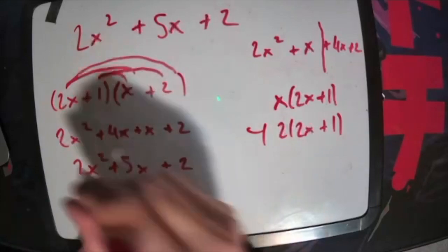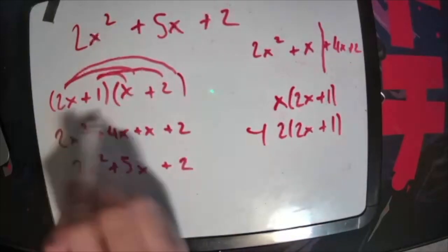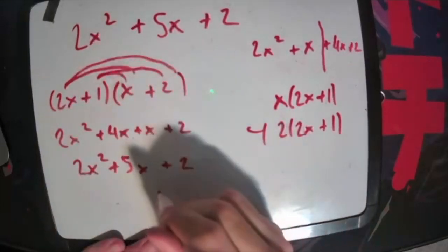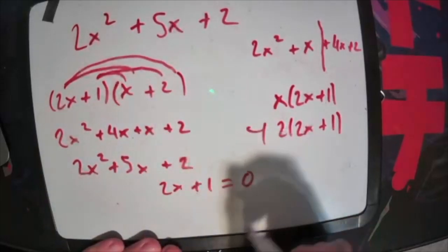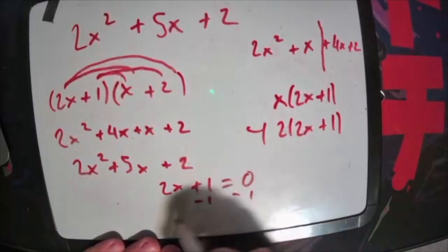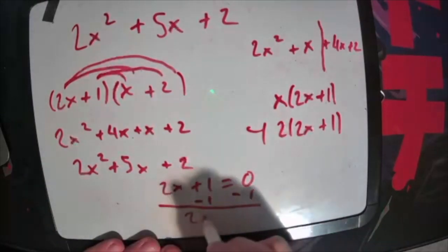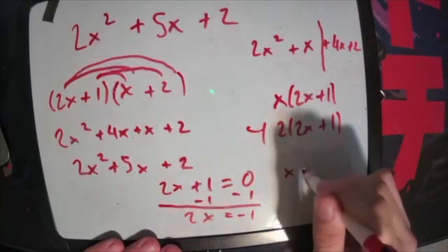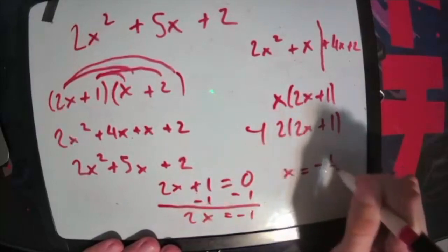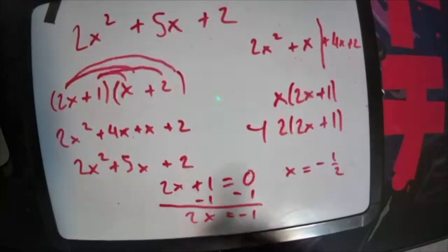So let's find the x's for this one. To do so, we have to take each factor and set it equal to 0. So 2x plus 1 equals 0. We subtract 1 on both sides and are left with 2x equals negative 1. So x equals negative half. That's one of our x's.